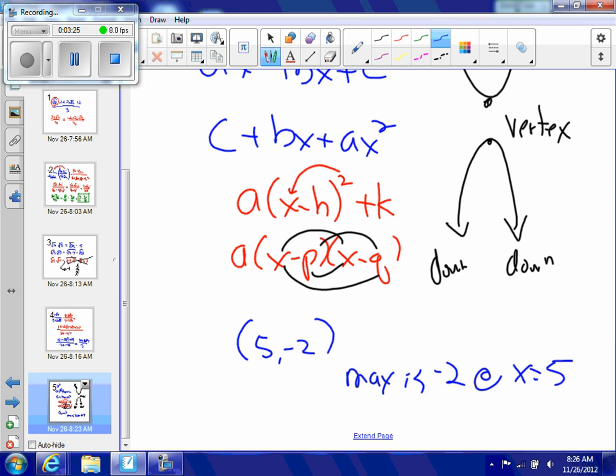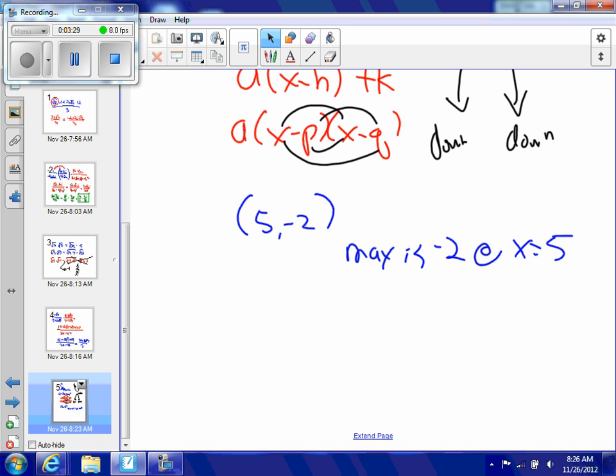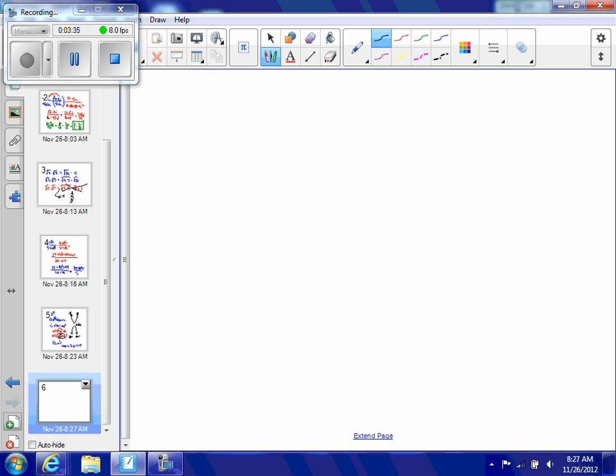And we can find the vertex in any number of ways. If my quadratic expression is written in standard form, ax squared plus bx plus c, I can find my vertex by going negative b over 2a.